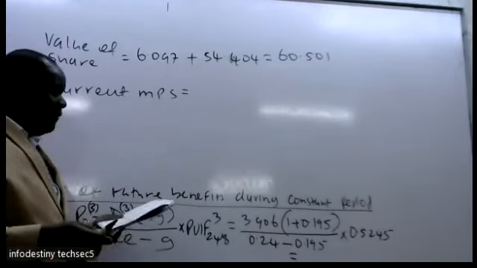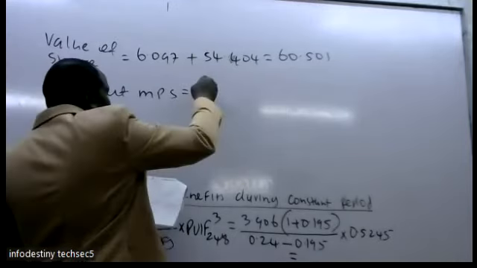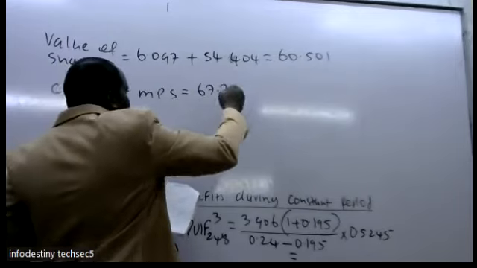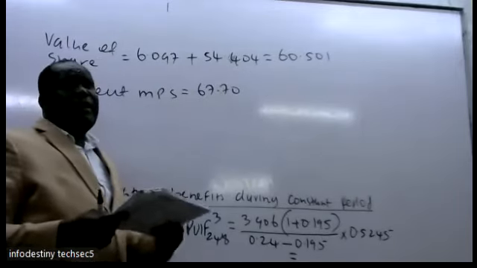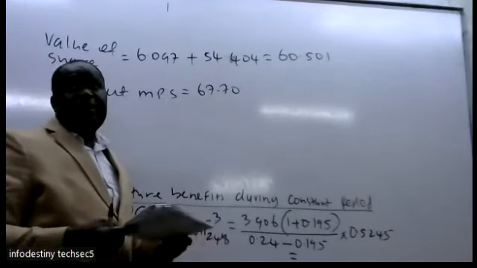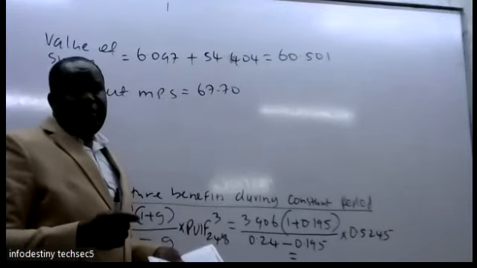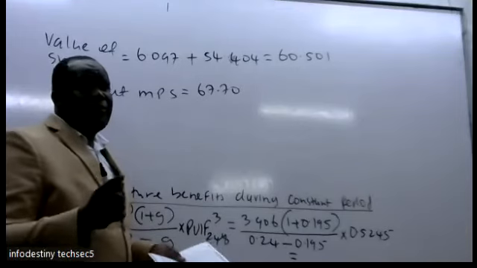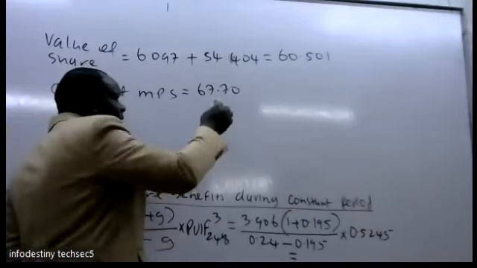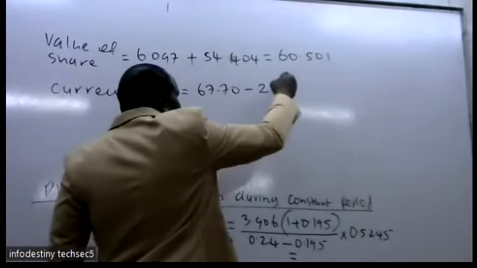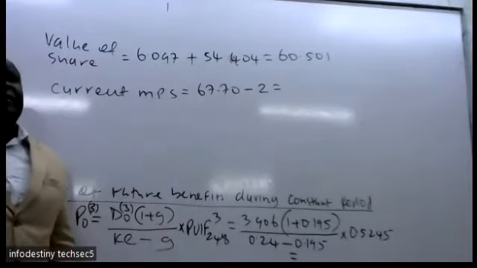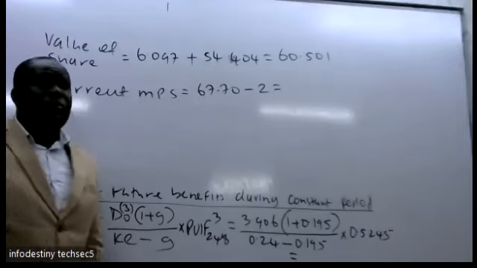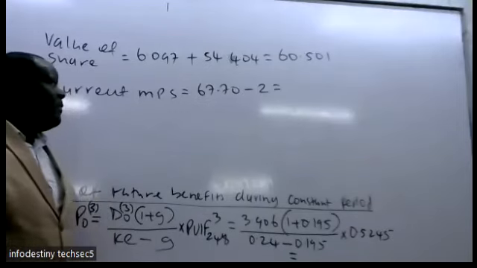It was 67.7. But that one is cum dividend, isn't it? We require ex dividend. You subtract the dividend we calculated for the year 2017. Remember, it was 2 shillings. So we end up having how much?